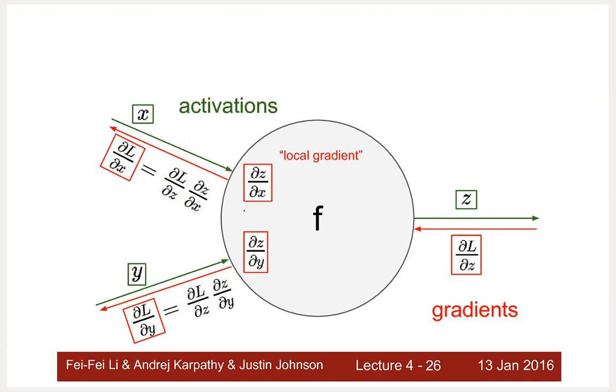Note that the caveat here is that I show a 1D example, in the sense that the inputs and outputs here are all scalars. So when the inputs and outputs are vectors or even matrices, you need to be careful.